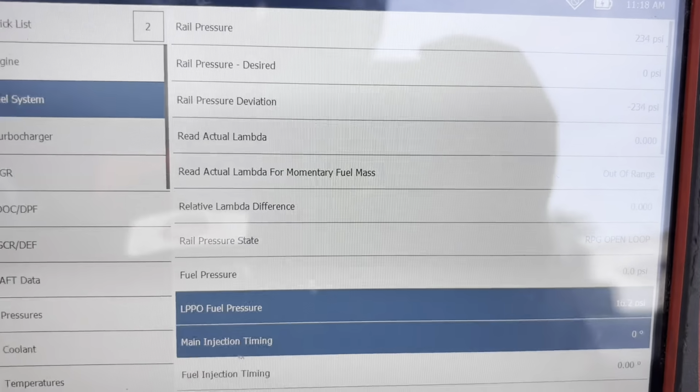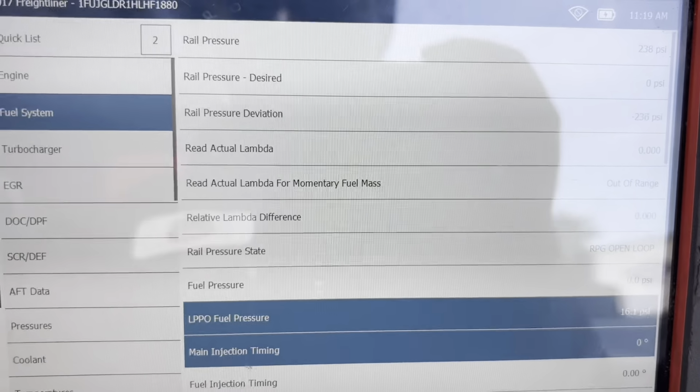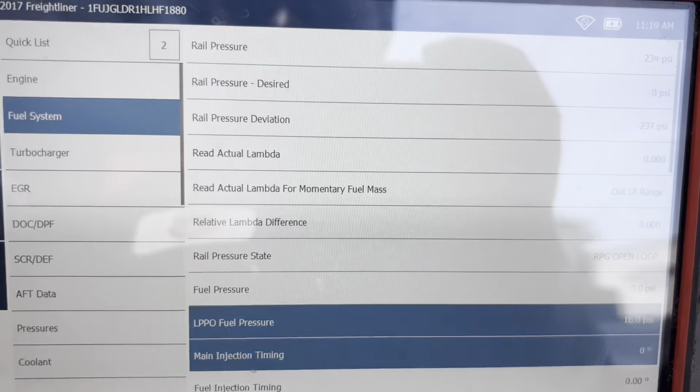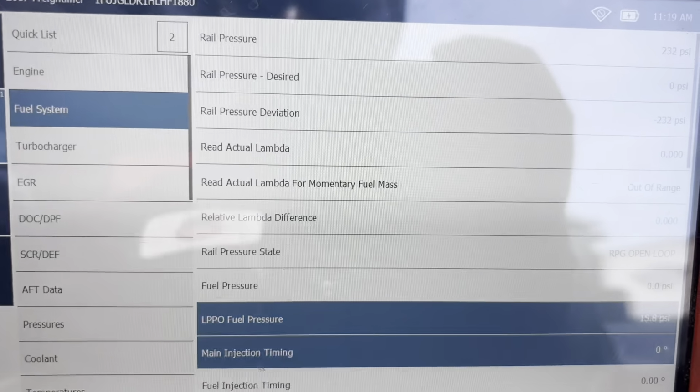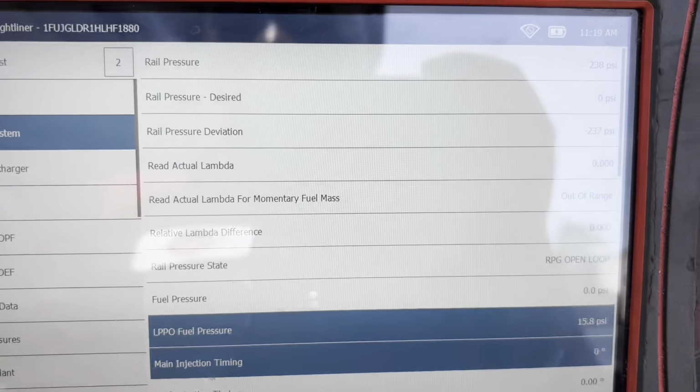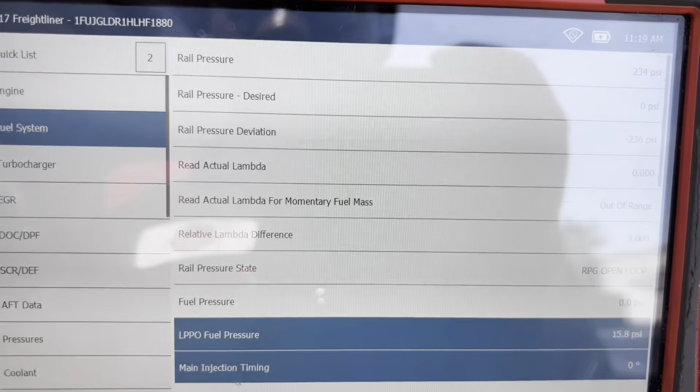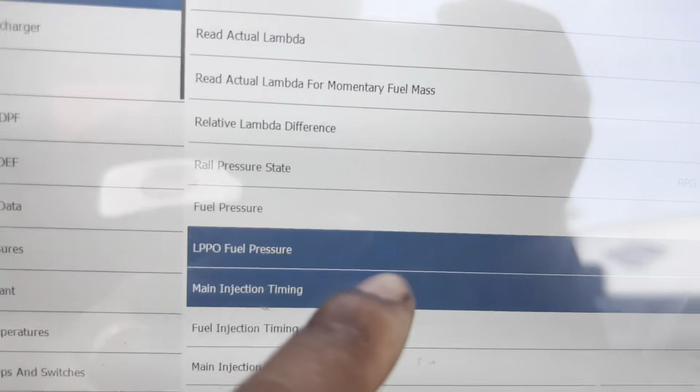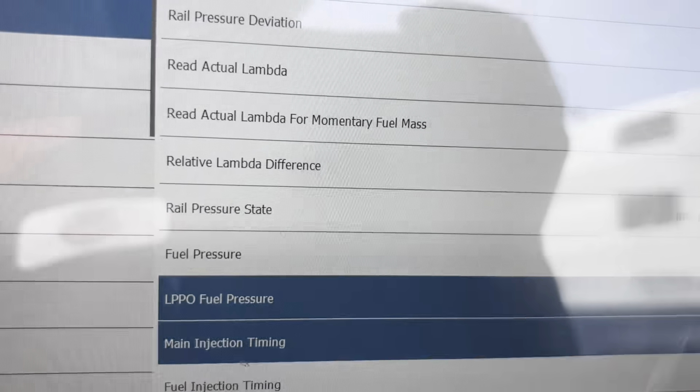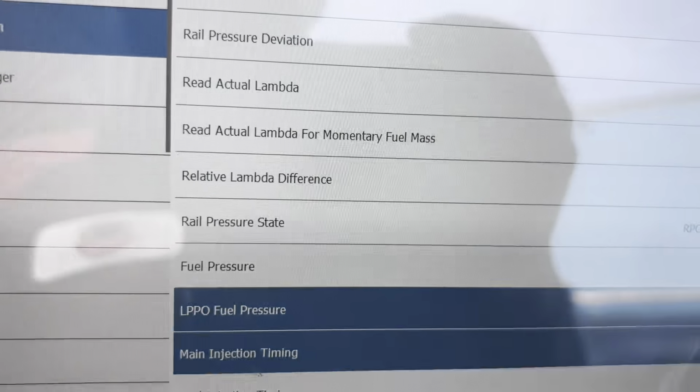high pressure fuel pump, because with that QCV unplugged, these pressures here, what I'm reading right here, the LPPO, that one is decent, all that's good.